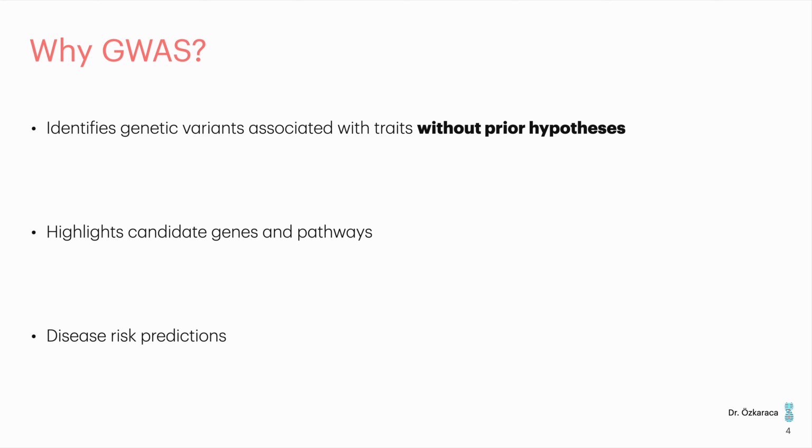This is an unbiased approach, and it often leads to the discovery of unexpected but critical genetic variants. The second point is that GWAS pinpoints genetic pathways and mechanisms underlying diseases, opening avenues for drug discovery. And lastly, by identifying associated variants, GWAS improves our ability to predict disease risks, which is a cornerstone of preventive medicine.